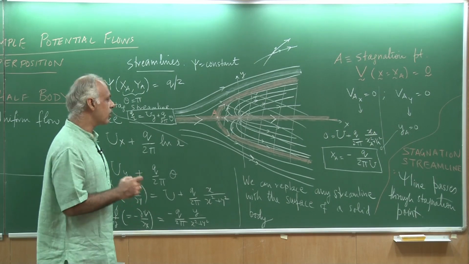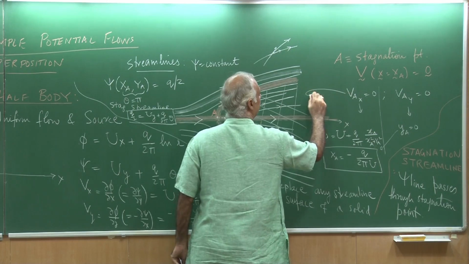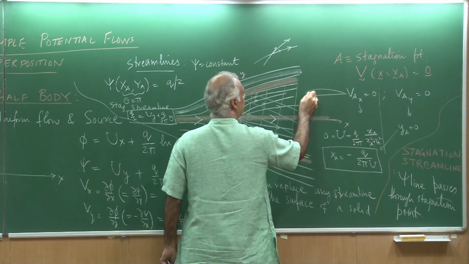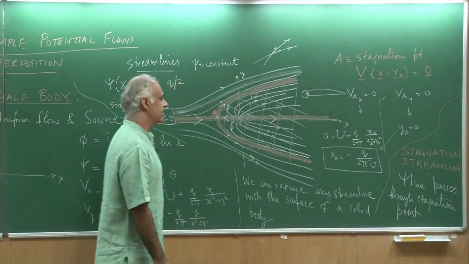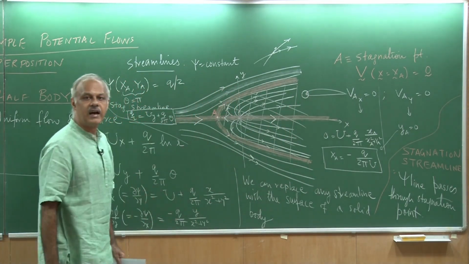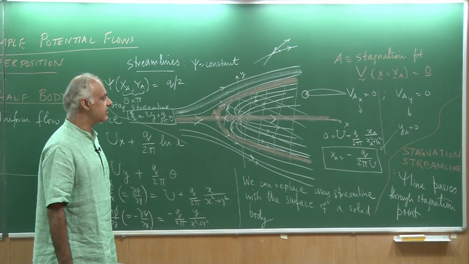So if I take a close up view of a wing of an aircraft, this is an airfoil, and if I look at the zoomed in view of this, you can see that I am talking about the flow very close to an aircraft wing.